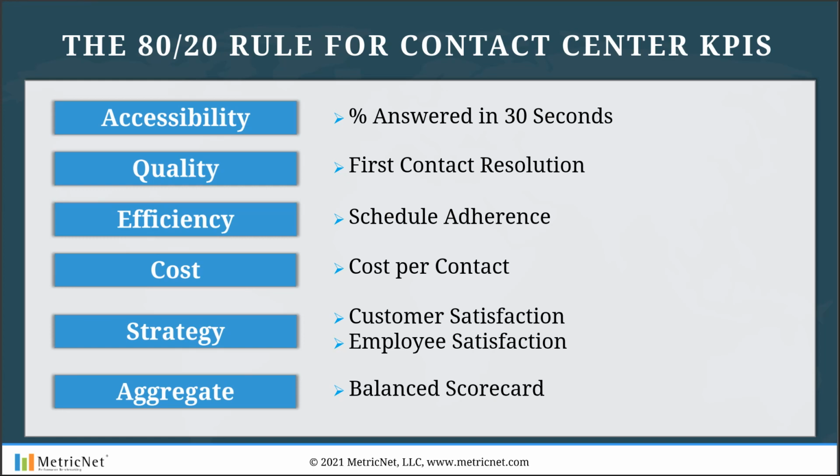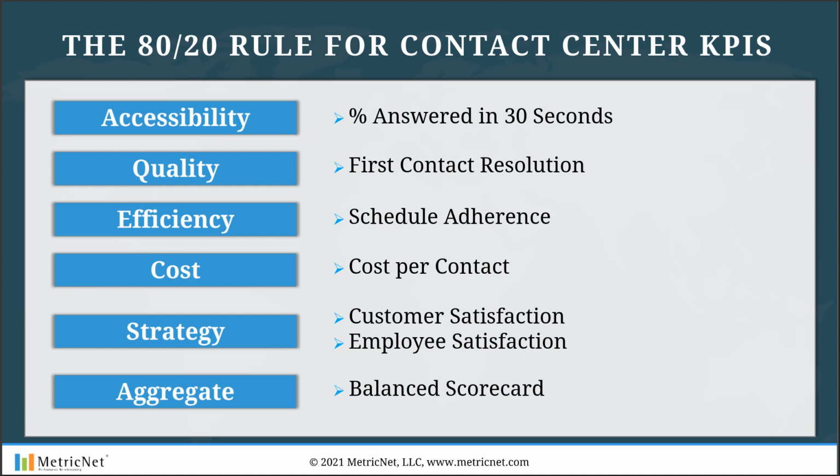Now, there's an 80-20 rule when it comes to contact center metrics. The key performance indicators are the ones shown on this page. Remember, not every metric is a key performance indicator. KPIs are a subset of all metrics. And what we have is a taxonomy on this page of accessibility: how easy is it for the customer to reach you? Quality: how effective are the transactions?